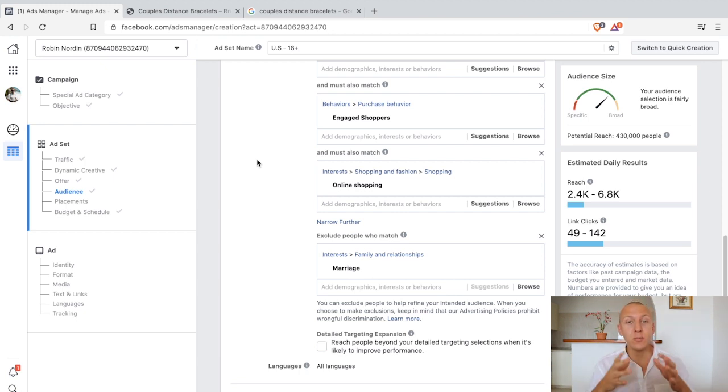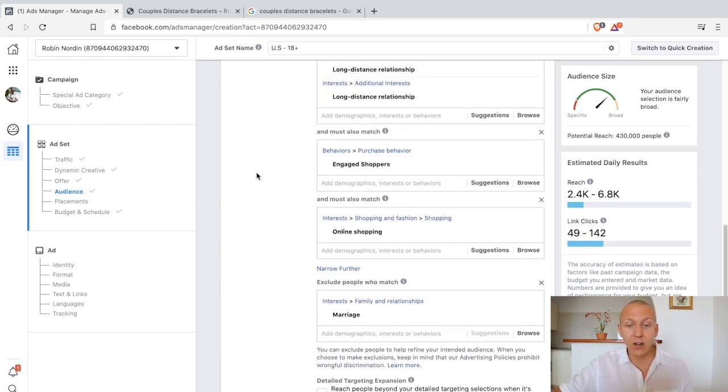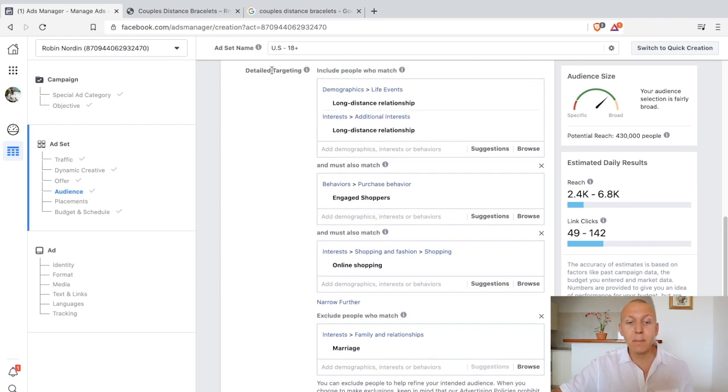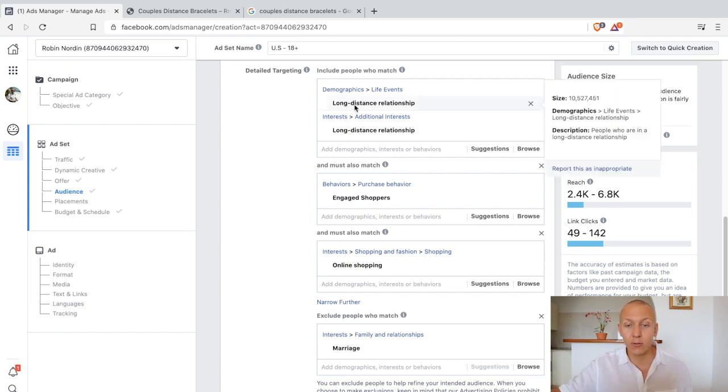So remember, to be successful in your detailed targeting, you need to get into the mind of who you are selling to. For example, if you were selling dog accessories, maybe a dog necklace, and you would target people who are, let's say, dog lovers, well, that doesn't mean that they are dog owners. So that doesn't mean that they have any interest whatsoever in buying your dog necklace.